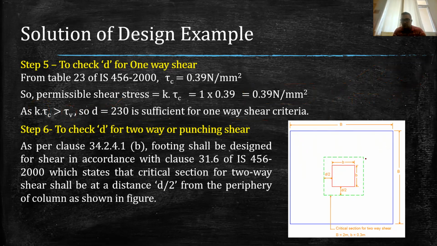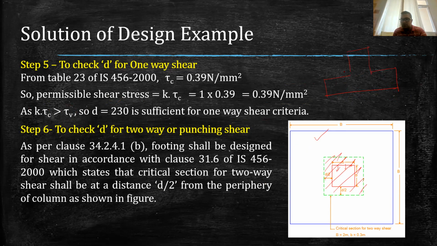Here we have to choose either the interior part or the exterior part of the critical section. If we choose the interior side, we will have two forces: one is the force acting on the column and the other is the upward pressure because of the soil reaction. But if we choose the exterior side, we will have only the soil pressure, with no downward pressure.